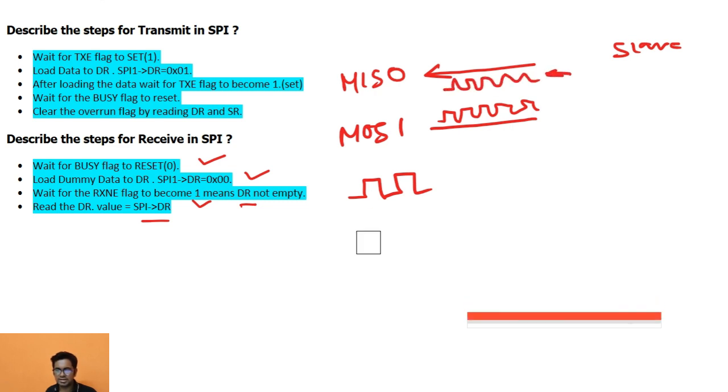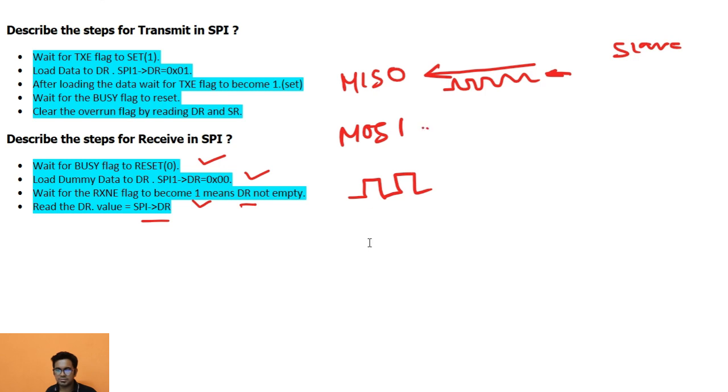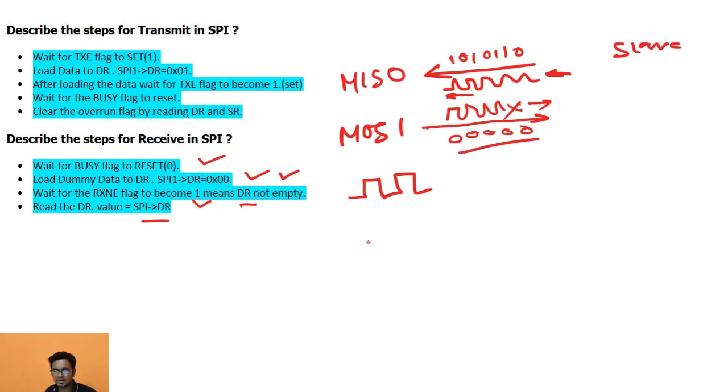It never happens that you keep this line idle and continue to receive data. There will be a corresponding data sent, maybe something different, but still you need to send data. It can be 000 you are sending, and in response you are receiving some data from the slave. So during receive also you need to send some dummy data in order to receive the data from the slave.